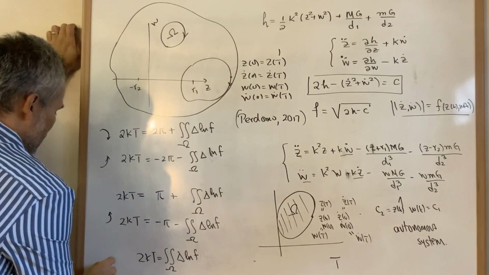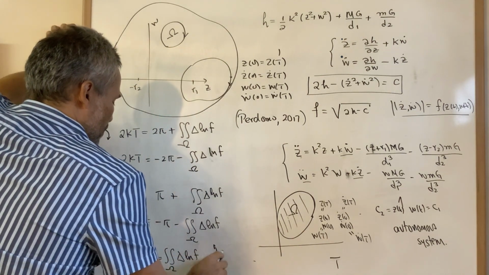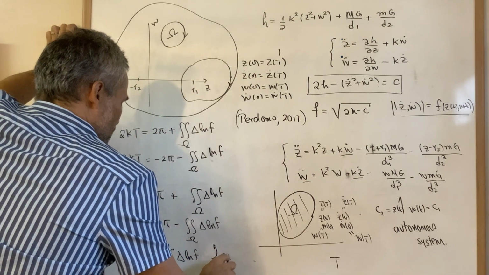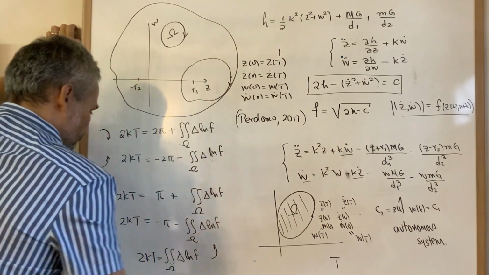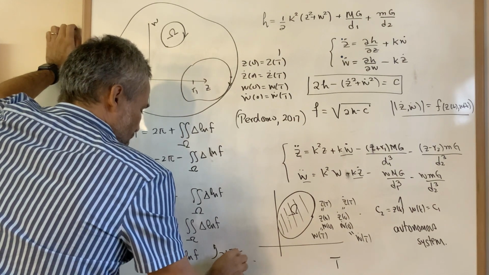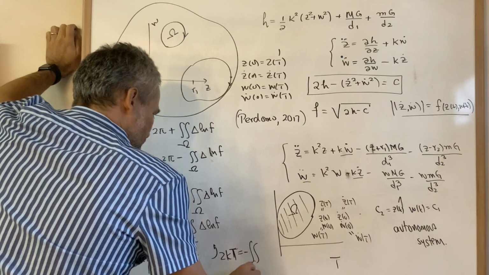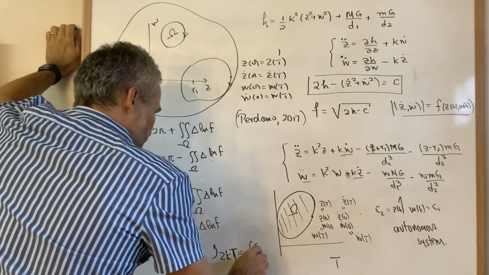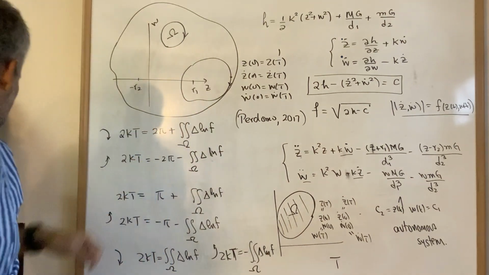This is if it goes clockwise, and if it goes counterclockwise, then we have 2k times the period equal to negative the integral of the Laplacian of natural log of f. Okay.